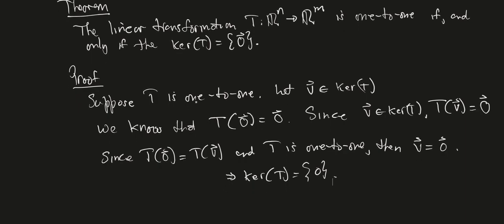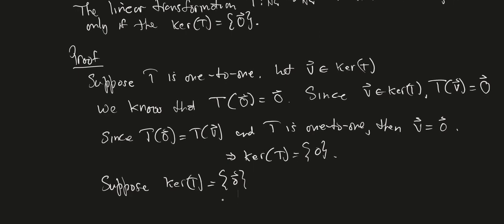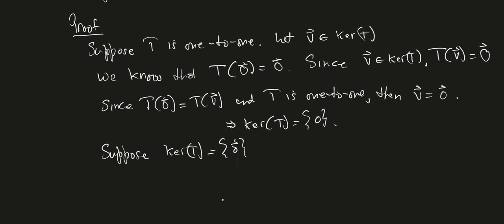Well, what if we go the other way? Now suppose that the kernel of T is only the zero vector. What we would like to do is show that the transformation is one-to-one.